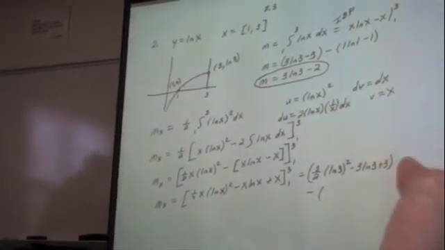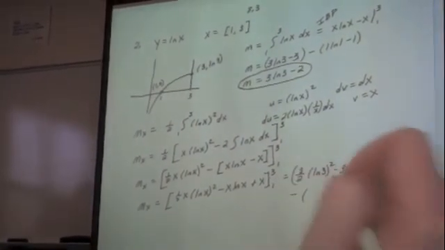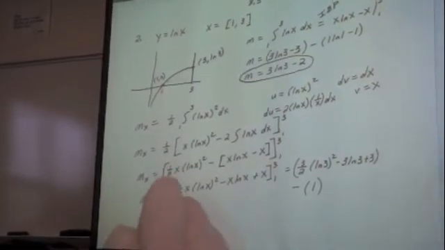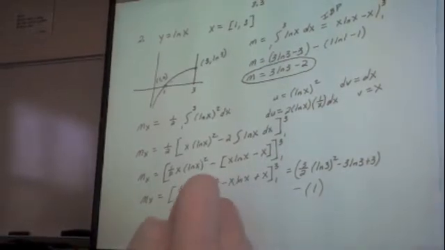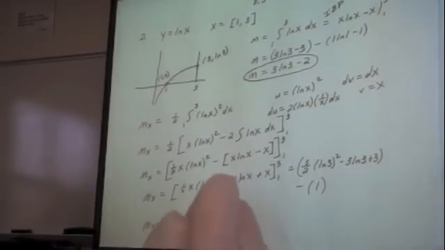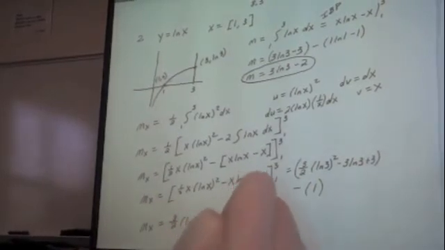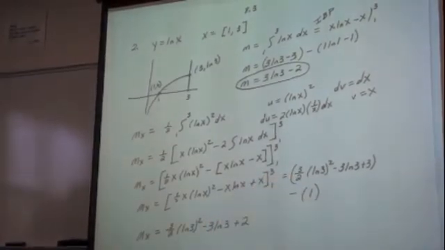So I would have had plenty of room up here. I didn't think I would. But I'll say minus 1. So the moment about the x-axis here is just going to be 3 over 2 ln 3 quantity squared minus 3 ln 3 plus 3 minus 1 plus 2.